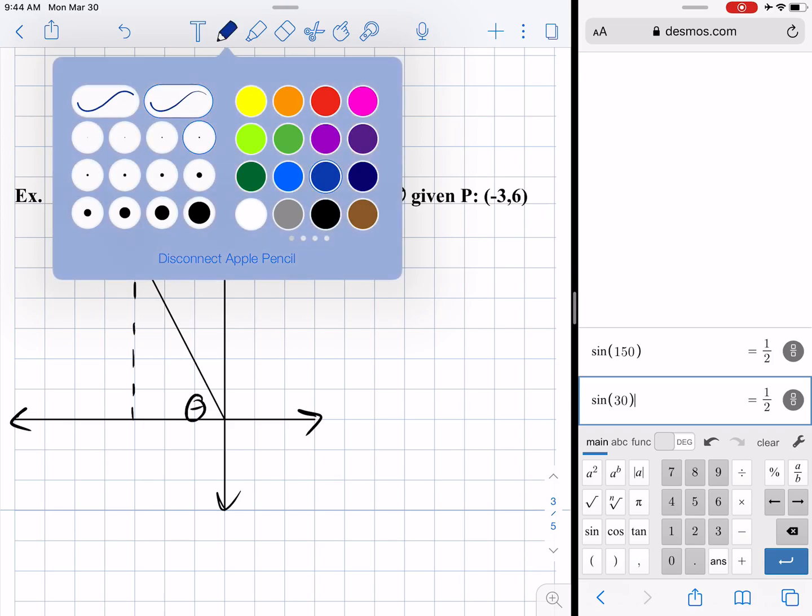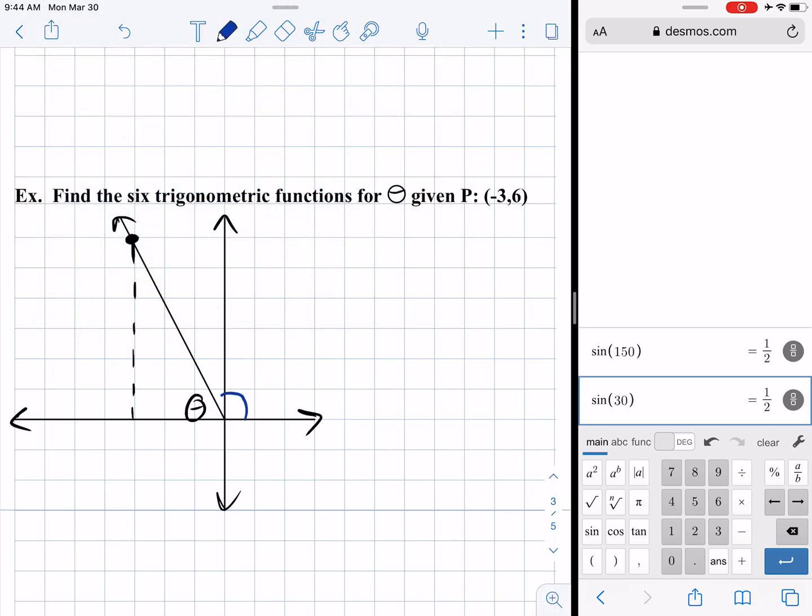It's always going to get you the same trig ratios as this angle right here, whatever that measure might be. Okay, theta is the same thing. So go ahead and find all 6. Sine of theta, cosecant of theta, cosine of theta, secant of theta. Okay, you pause the video, work it out, and I'll put the solutions up in just a sec.